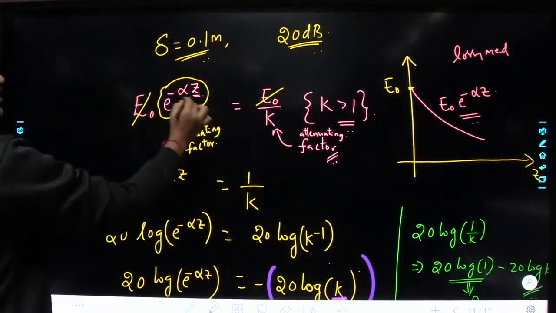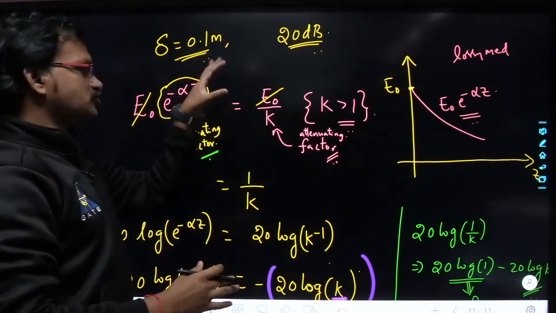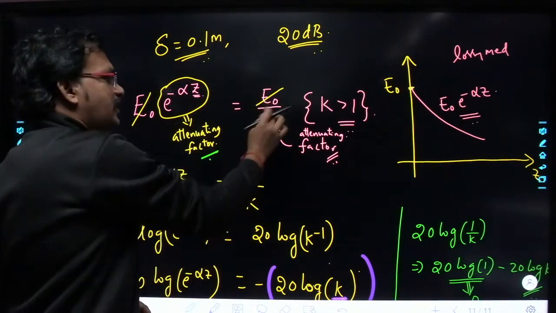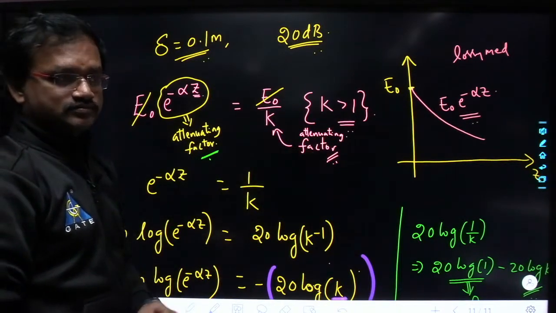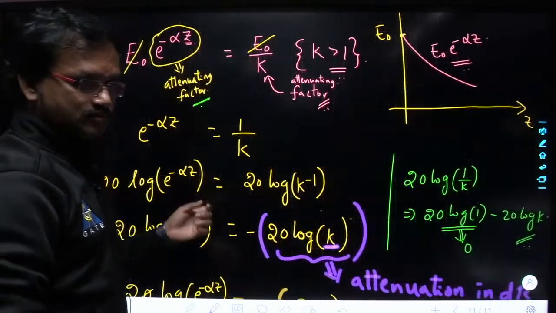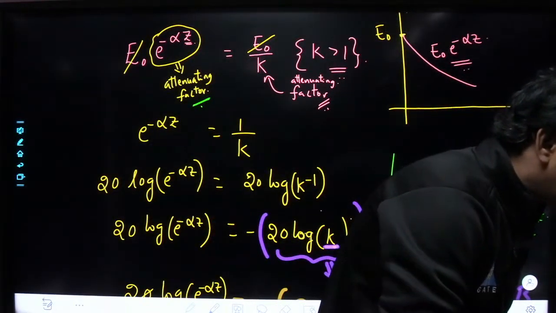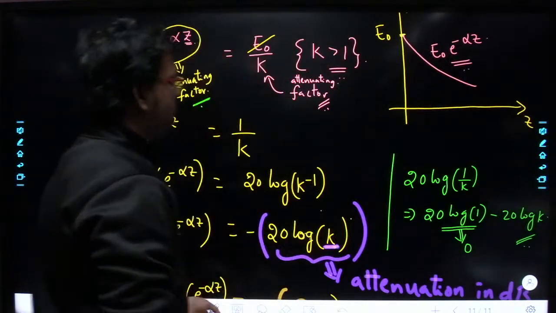On this side it is the attenuating factor. After attenuation the amplitude will reduce, so that reduction I have written as E naught by k. That's why I have represented k greater than 1.